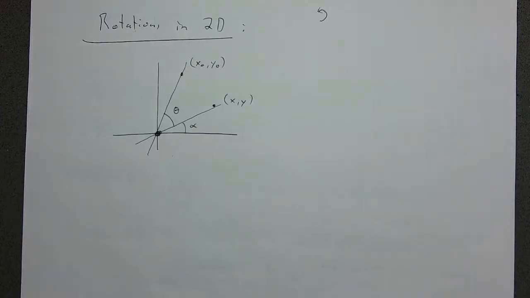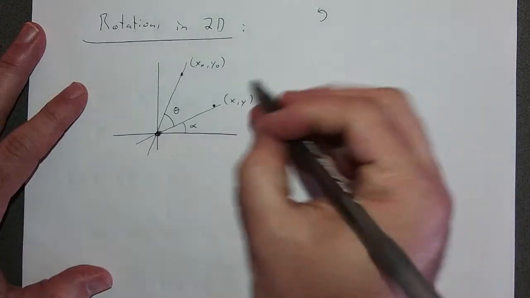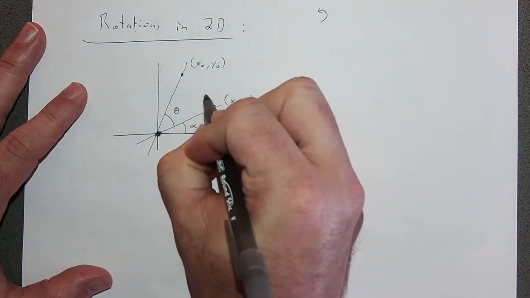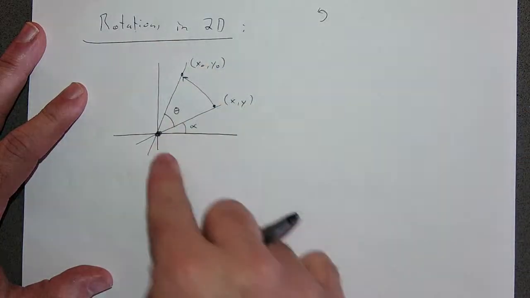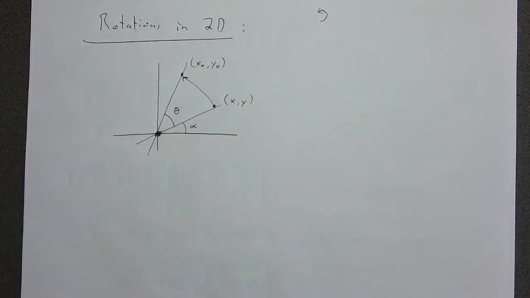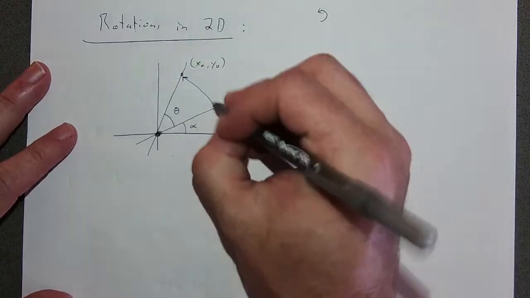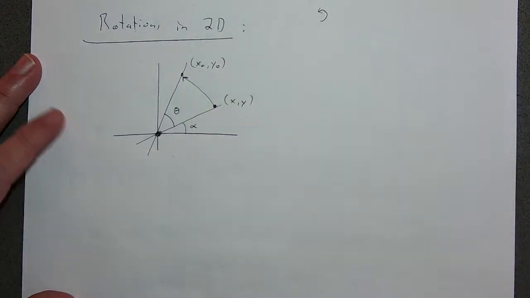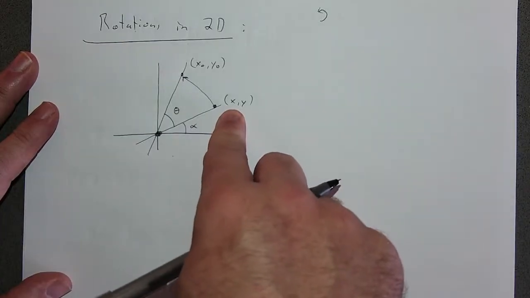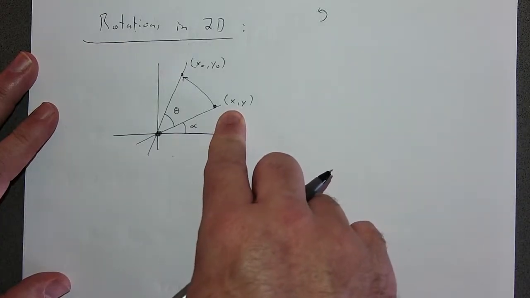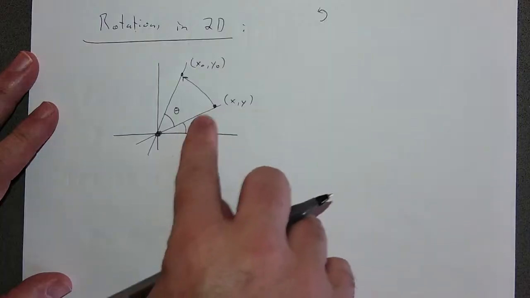Okay, so I want to rotate this point to this point, counterclockwise about the origin. Okay, so how do I do that? Well, my starting thing here, I mentioned polar coordinates. So this point that I'm starting with has polar coordinates. Its polar coordinates are given by what?